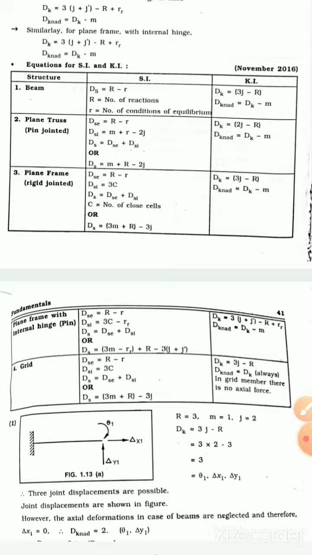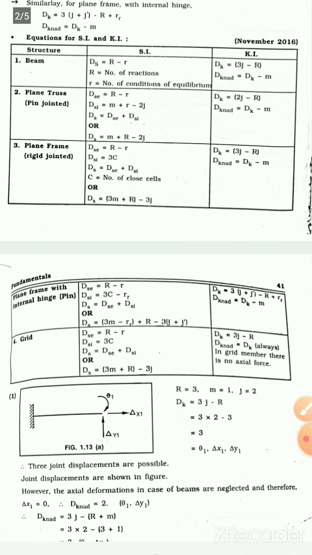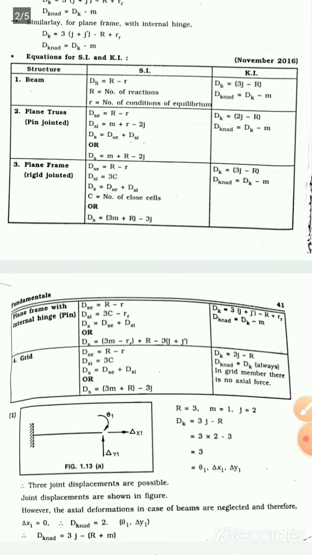Plane frame, rigid jointed: Dsc equals capital R minus r, Dsi equals 3c, Ds equals Dsc plus Dsi, where c is the number of closed cells. So Ds equals 3m plus r minus 3j. Kinematic indeterminacy Dk is 3j minus r, Dk NAD equals Dk minus m.